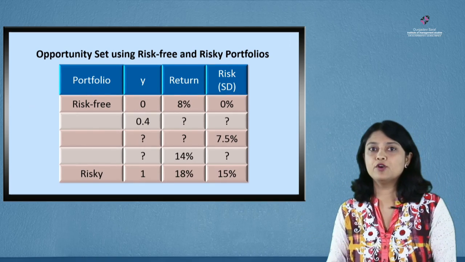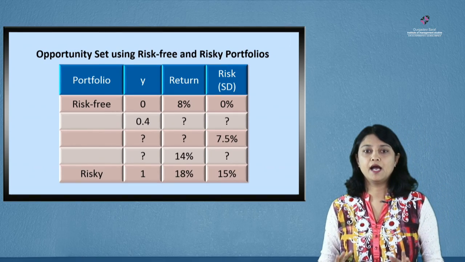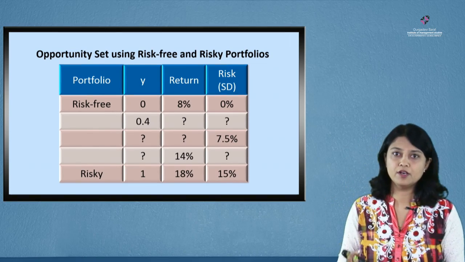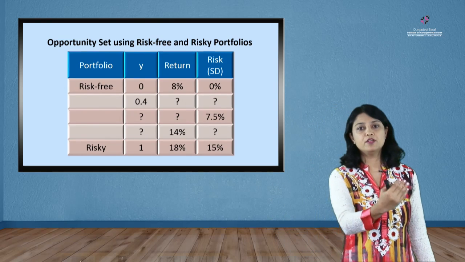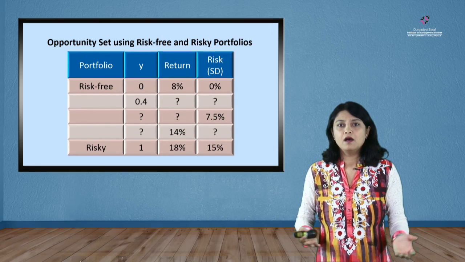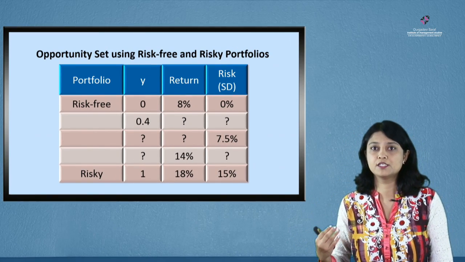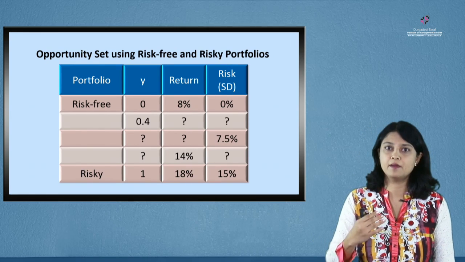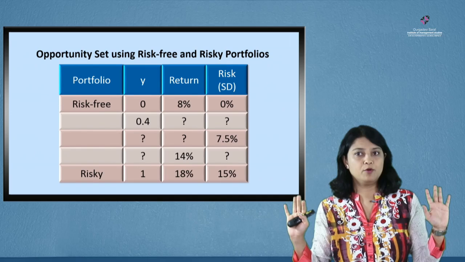The third way could be that I might be targeting a particular level of return. See, the risky portfolio is giving 18% return, the risk free portfolio is giving 8% return. 8% is too low for me. 18% is high enough, but it comes with risk, so I don't want that much risk. I am okay with 14%. If you give me 14% return, I'm okay with it.